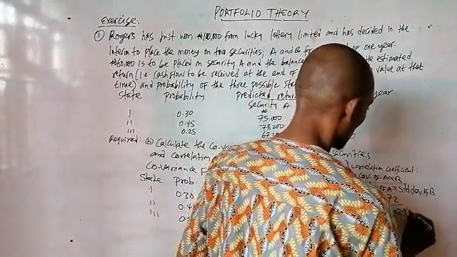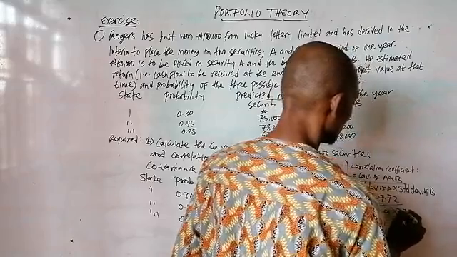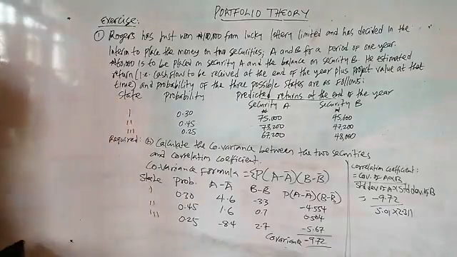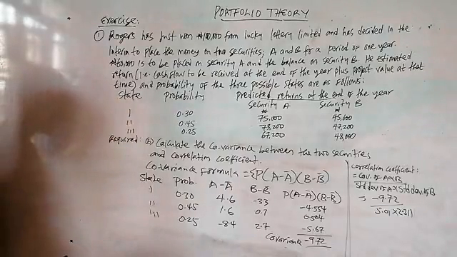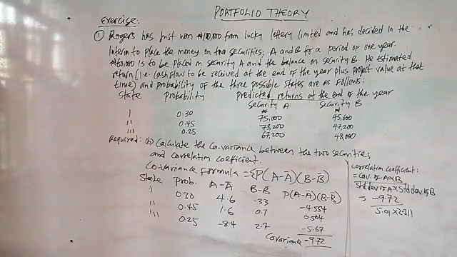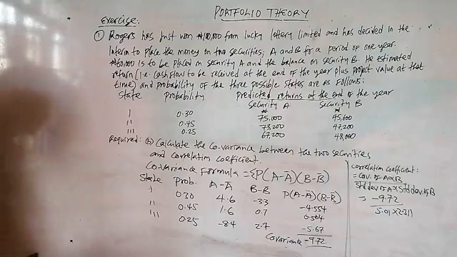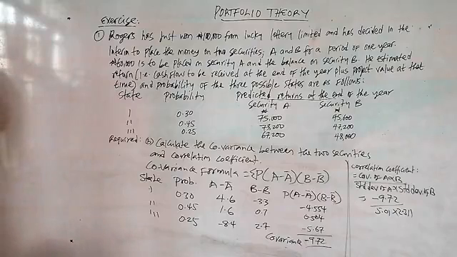So 2.311. Let's do the calculation and see. 5.01 multiplied by 2.311, so we have 11.587. So minus 9.72 divided by 11.587.